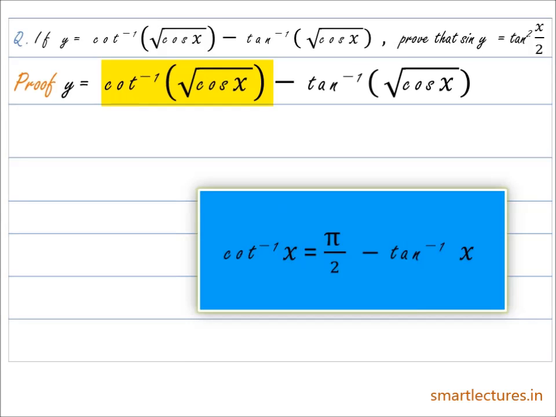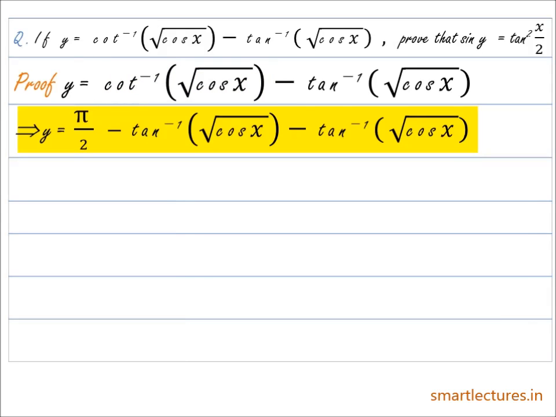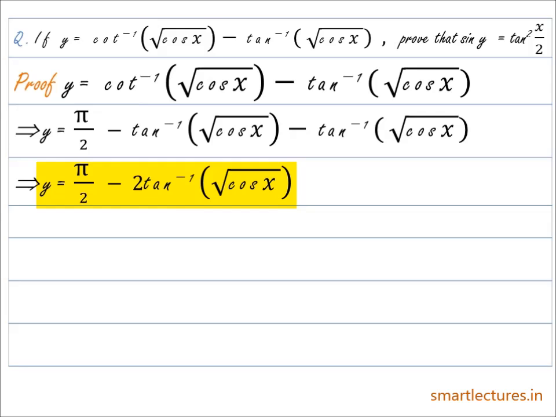So this equation can be also written as y is equal to half pi minus tan inverse square root of cos x minus tan inverse square root of cos x. And minus tan inverse square root of cos x minus tan inverse square root of cos x is equal to minus 2 tan inverse square root of cos x. So now this expression becomes y is equal to half pi minus 2 tan inverse square root of cos x.